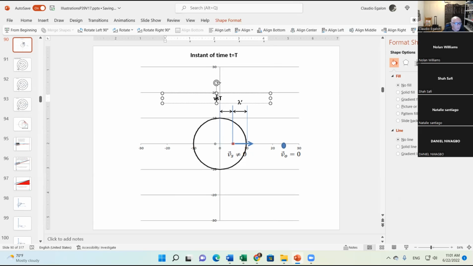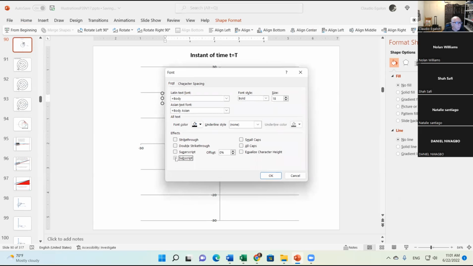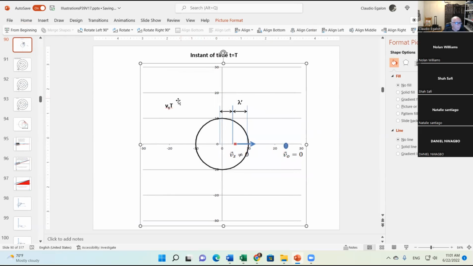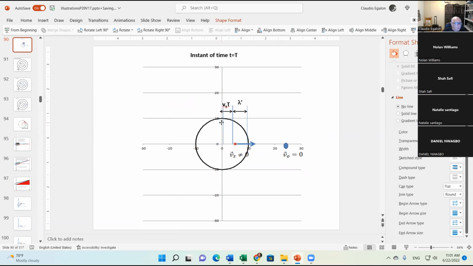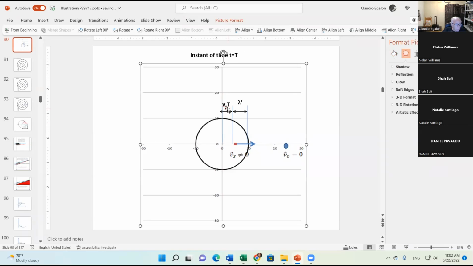This distance here, right in here. Oh, wait a minute. Okay, right in here.